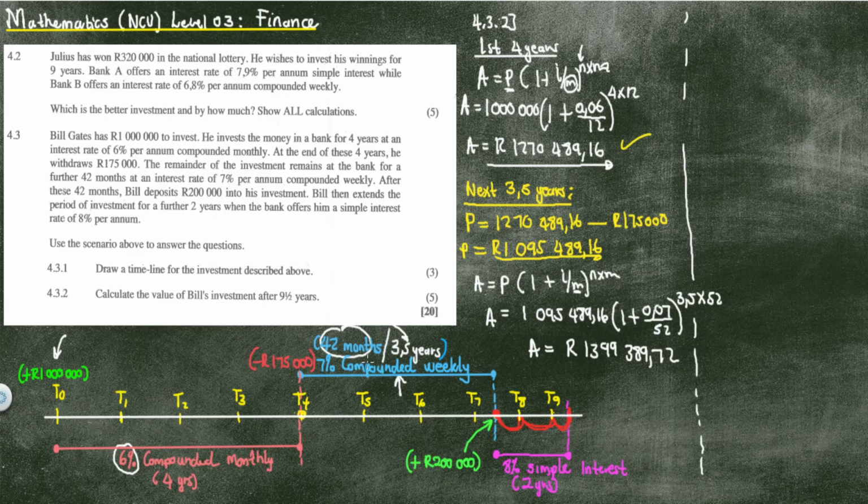Now for the last, or remaining, 2 years, it's going to be the new principal amount. We're going to take this and add the 200,000 that is deposited. So it's 1,399,389.72 plus 200,000.